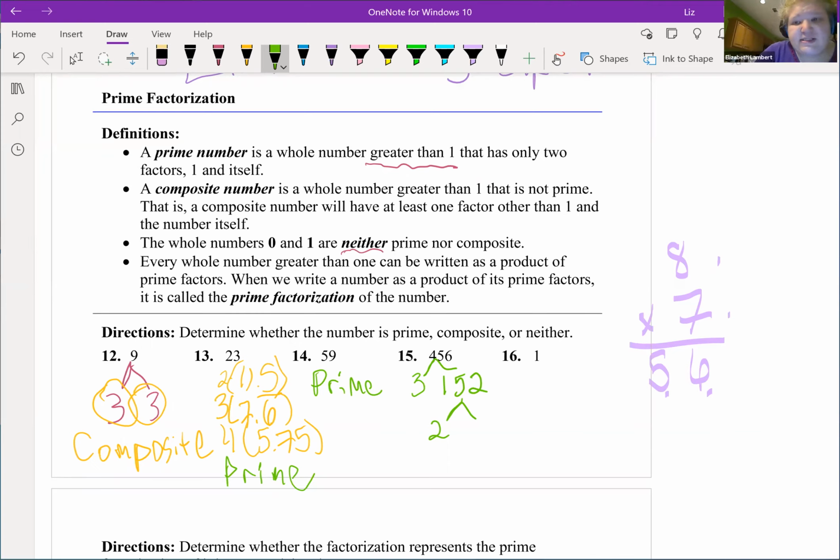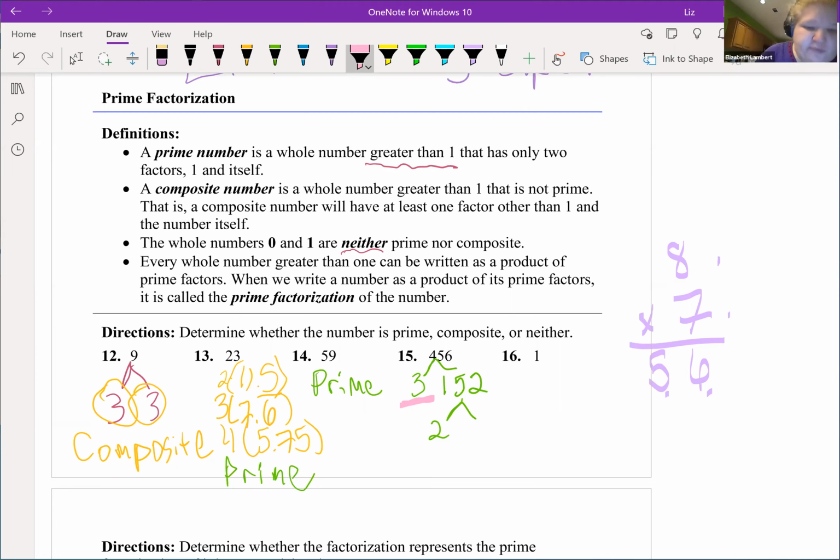I have my 3 as a stopping point. I don't need to consider 456 because I've changed that into 3 times 152. So 3 is going to be one of the numbers in my prime factorization. Although right now, all they asked is it prime, composite, or neither? We have enough to say it's composite.